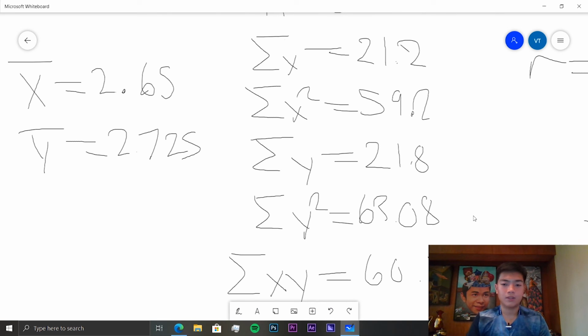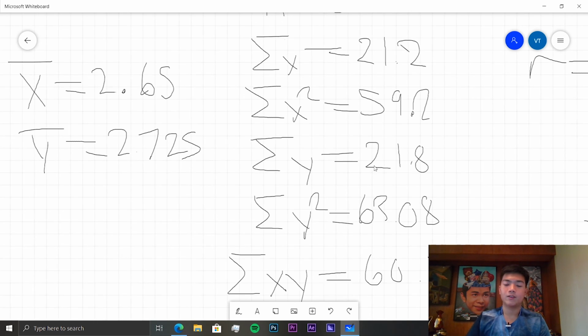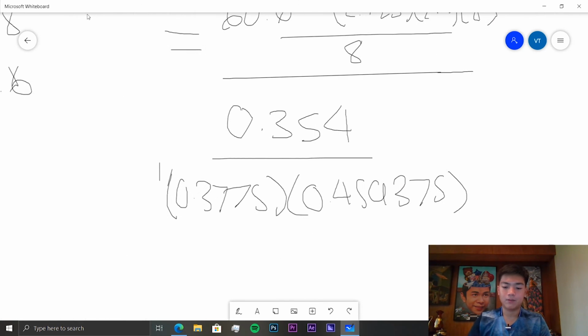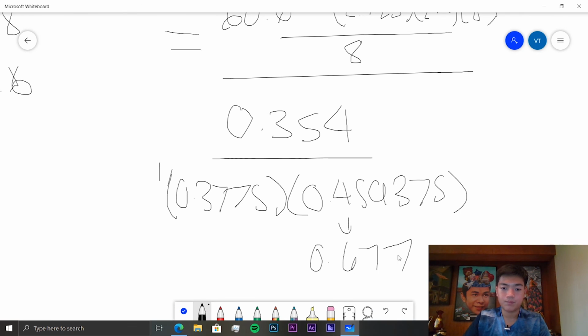Oh, we forgot to square root the standard deviations, right? So this should be 63.08 divided by 8 minus 2.725 squared, so we need to square root both of these bottom ones. So if we square root 0.459, we get 0.6778, and if we square root 0.3775, we get 0.614.